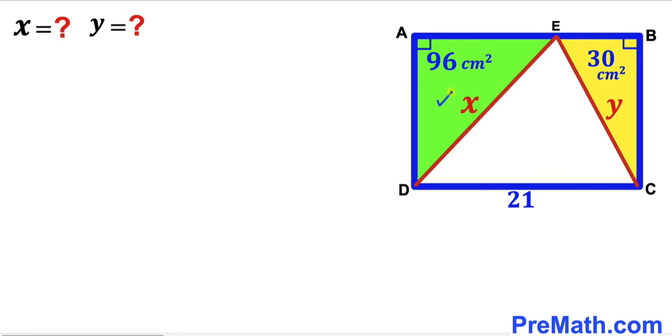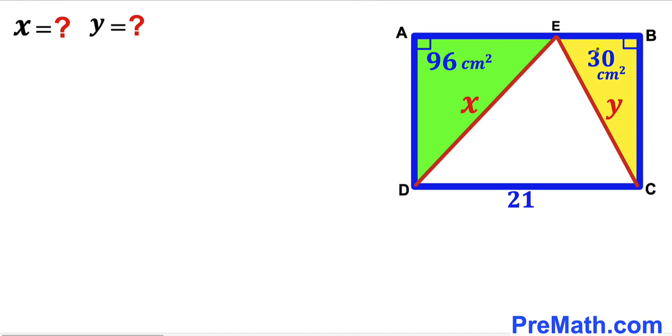This blue rectangle ABCD consists of three triangles: the green right triangle, the yellow right triangle, and the white triangle, as you can see in the given diagram, such that the area of the green triangle is 96 cm².